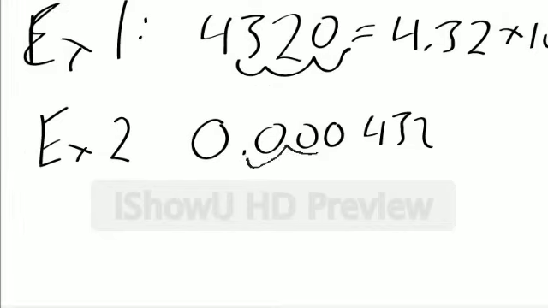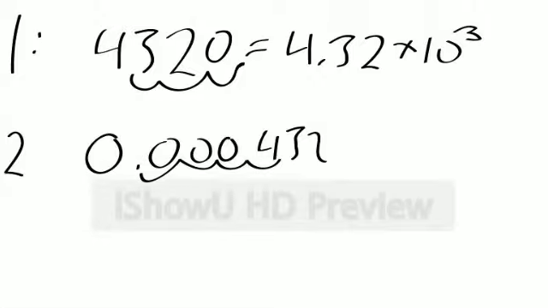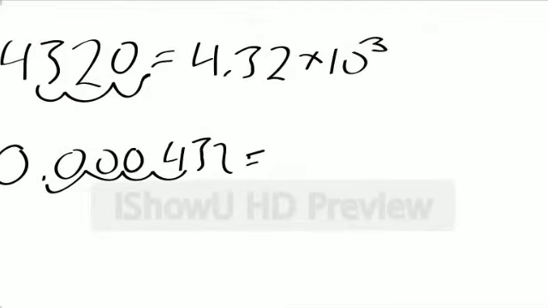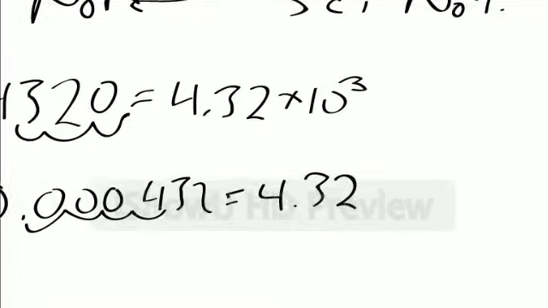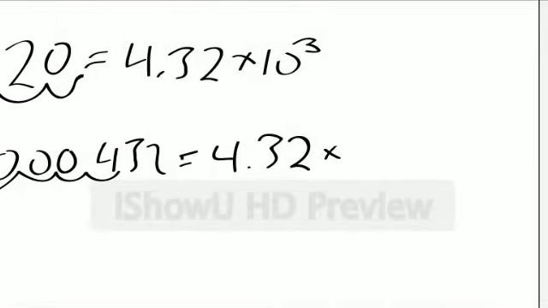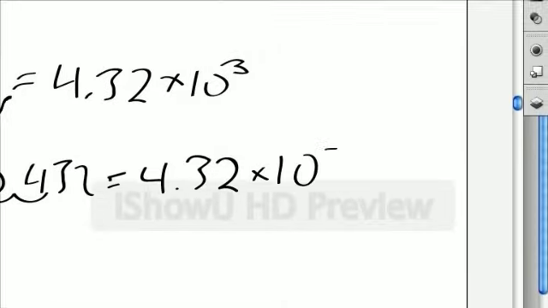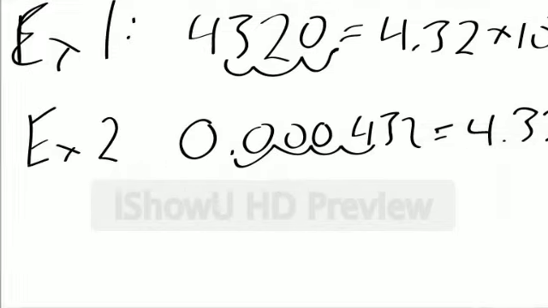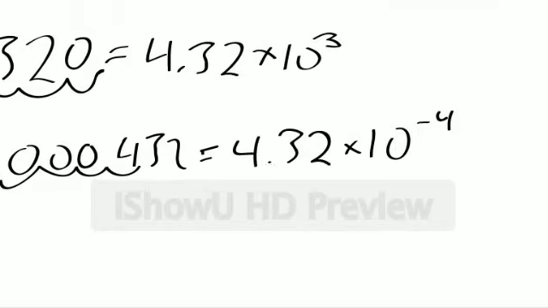I'm moving it 1, 2, 3, 4 places over to get to the right of the first significant digit. So since I moved it 4 places, my answer is 4.32, just like that example, only this time, because I moved it the other way, it's going to be times 10 to the negative 4, because I moved it over 1, 2, 3, 4 places. That's all there is to it.